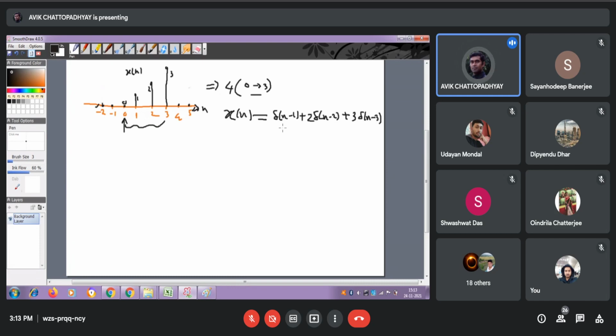Now, similarly, if you have been asked to represent in terms of the unit step function, how to write x[n]? Just apply the concept of what you did in the continuous time case, the continuous time signal. I want to get a correct answer this time from you.